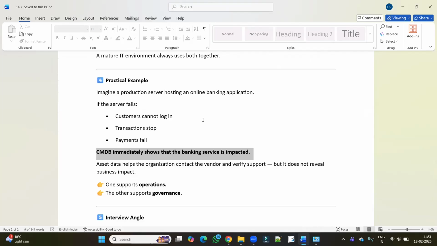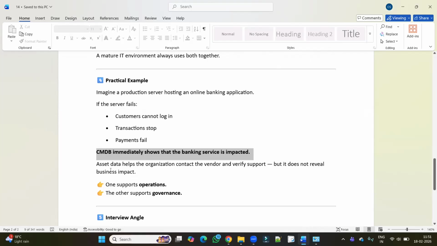And you can immediately contact the server team, the support teams who are looking after these servers, as well as see what all CIs are impacted because of this server or this application. And you can contact these users and tell them that there is an outage going on and we are taking the necessary steps, so that they will be calmed down, they will not panic, and you will not get penalized.